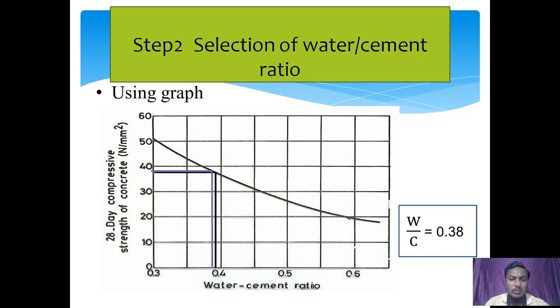So in this diagram you are seeing that the water cement ratio is 0.38. Here you are getting.